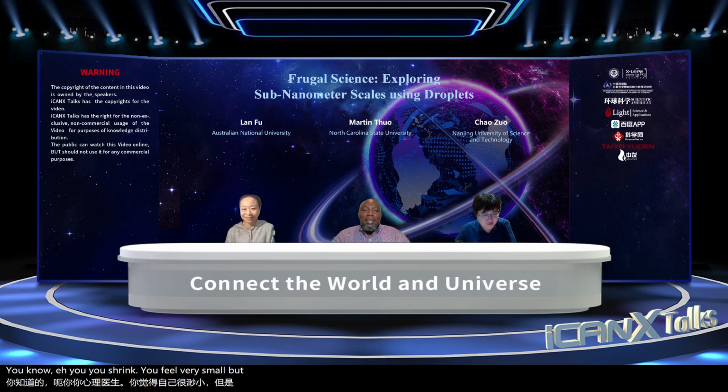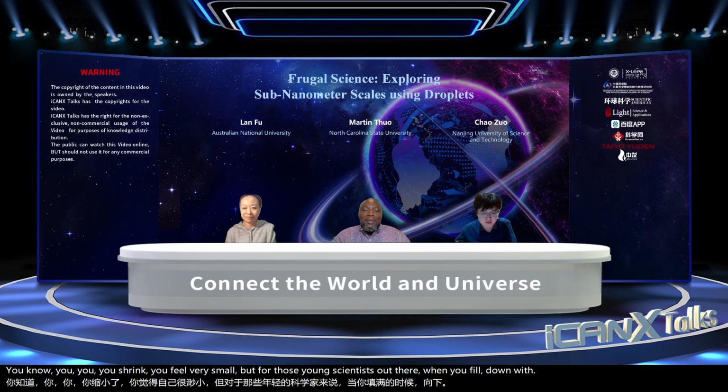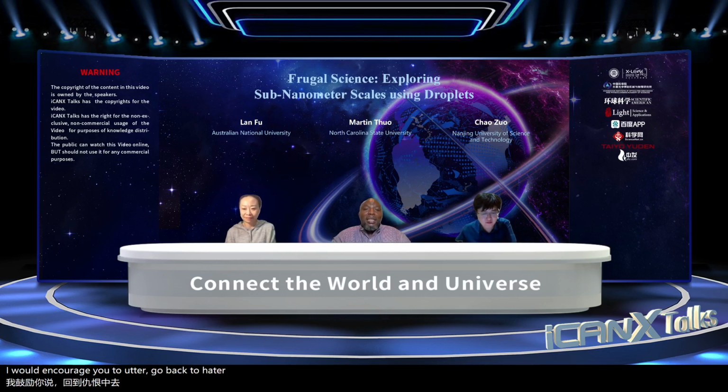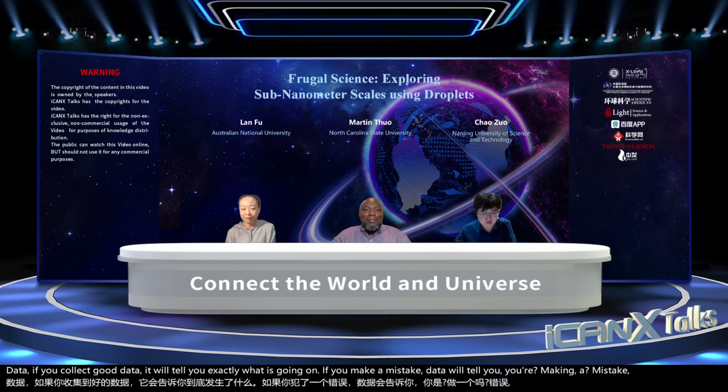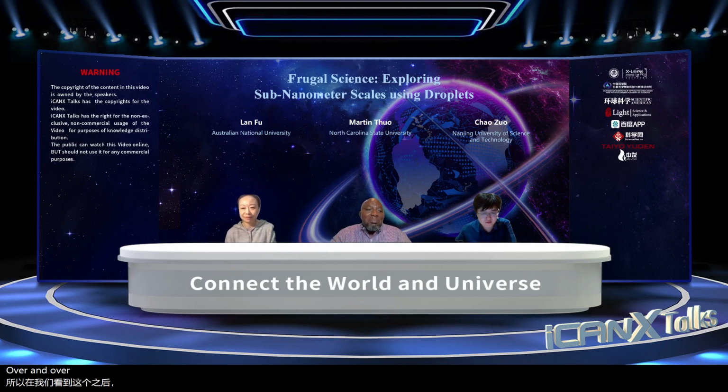But for those young scientists out there, when you feel that way, I would encourage you to actually go back to the data, because data never lies. If you collect good data, it will tell you exactly what is going on. If you make a mistake, data will tell you you're making a mistake. And so after we saw this over and over, in 2011, we published a paper.